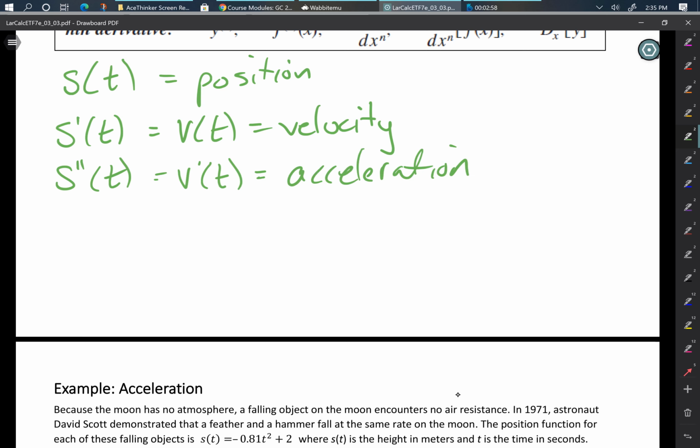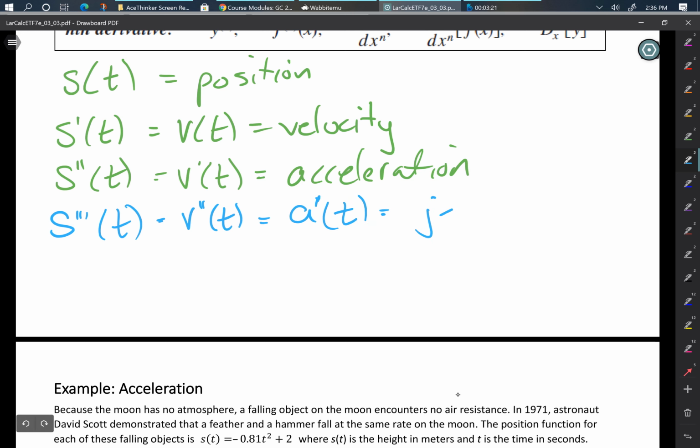Now, I bet there's at least one person out there wondering what happens if you continue. What would happen if you took a third derivative of this? An s triple prime, or a v double prime, a second derivative of velocity, or an a prime, a being acceleration. You would get the jerk.